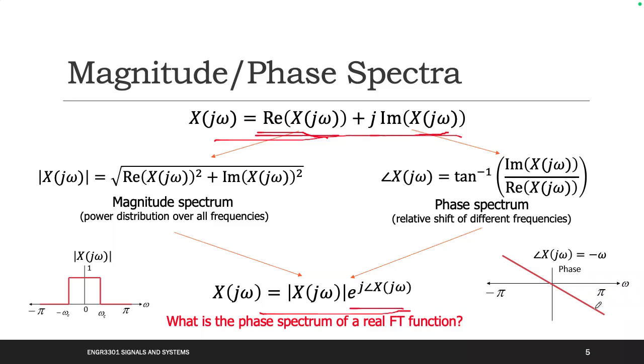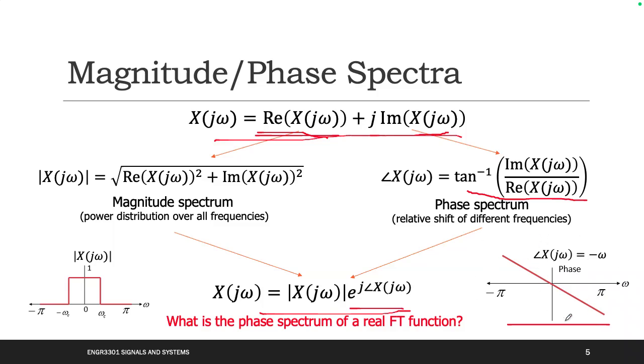A real FT function means this is a real signal, not a real non-periodic signal. Do you know what the phase spectrum is for the real signal? Do you know what the phase shift is? Actually, you can tell from here.